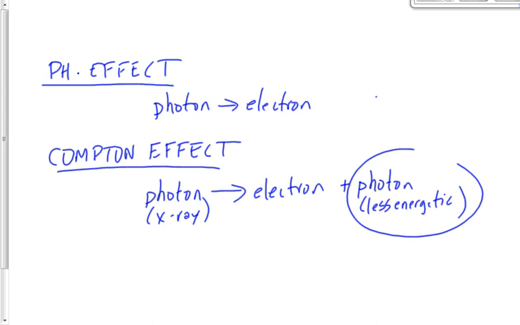Red light is not going to change into infrared. Ultraviolet is not going to change into blue light, according to classical theory. But classical theory didn't match the observations that were made. The observations said that, yeah, the second photon is less energetic than the first photon. It is a smaller frequency than the first photon.